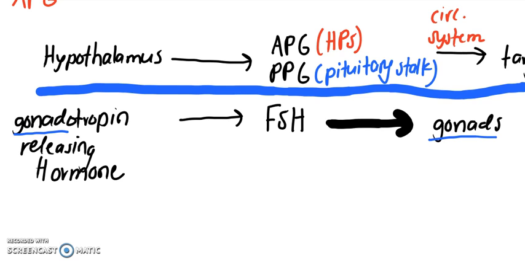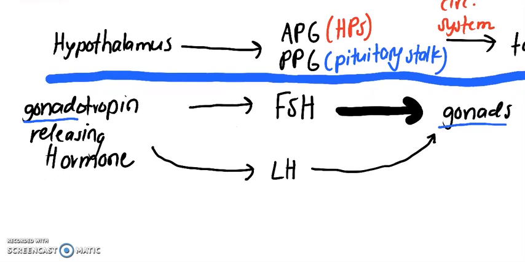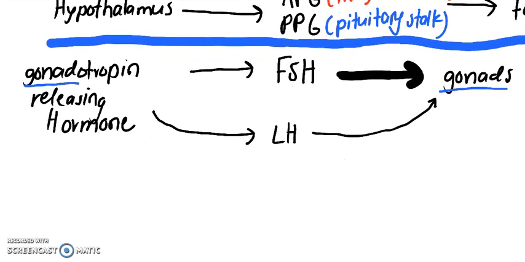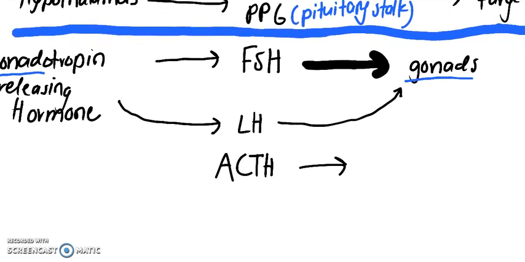Our next hormone was LH. This actually has the same release command from the hypothalamus. This also goes to the gonads. Our next hormone was adrenocorticotropic hormone. The name tells me this is going to go to the adrenal cortex.